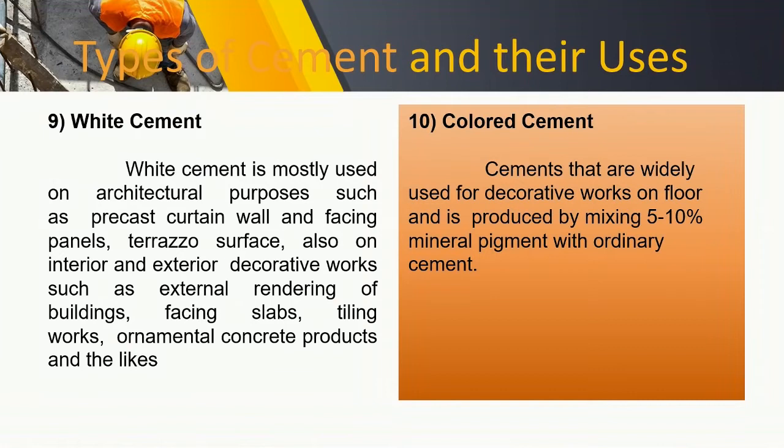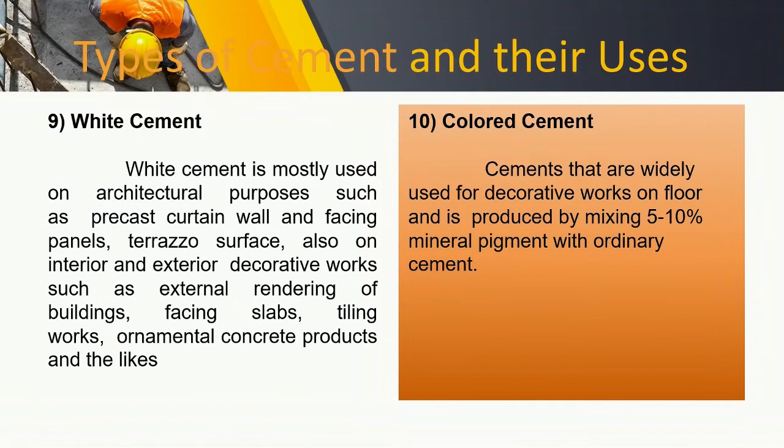Number 9, white cement. So, yung white cement is kadalasang ginagamit sa architectural purposes such as precast curtain wall and facing panels, terrazzo surface, also on interior and exterior decorative works such as external rendering of buildings, facing slabs, tiling works, ornamental concrete products, and the likes.